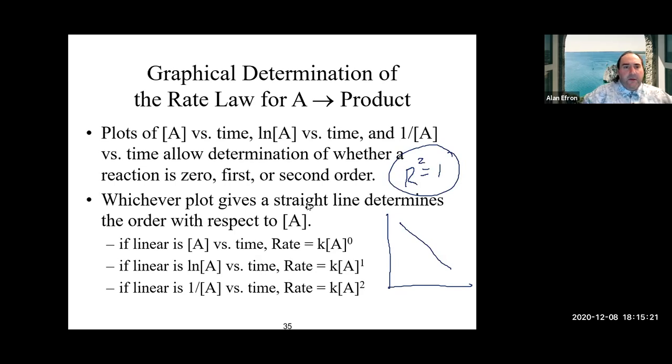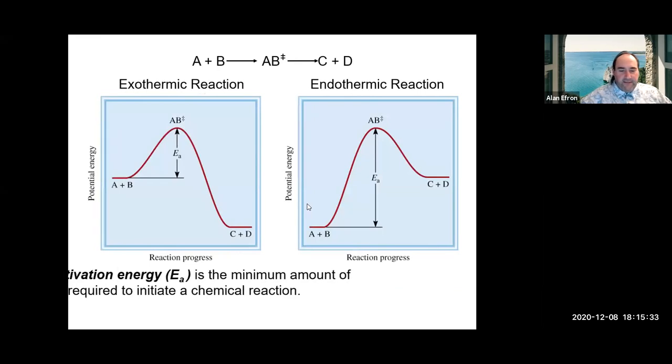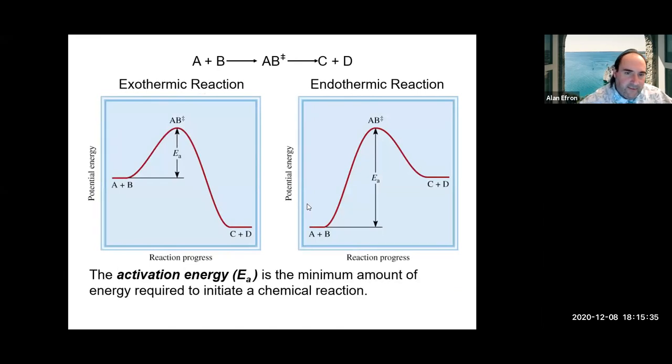Okay. So the next thing we're going to talk about is the temperature and energy relationship with the rate. Let's take a look at that. These are basically energy diagrams. I think we might have touched upon them a little bit before. There's two types. One on the left is exothermic, which means heat and energy is released.